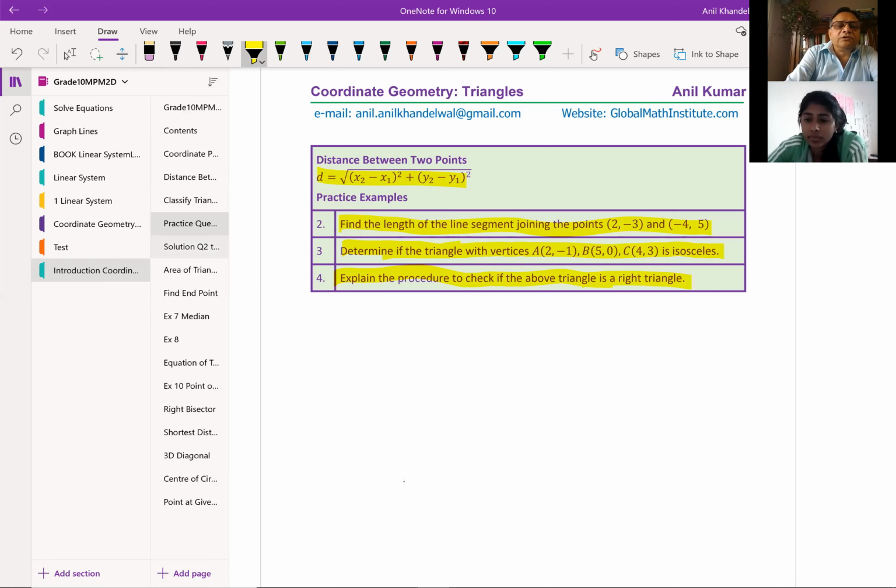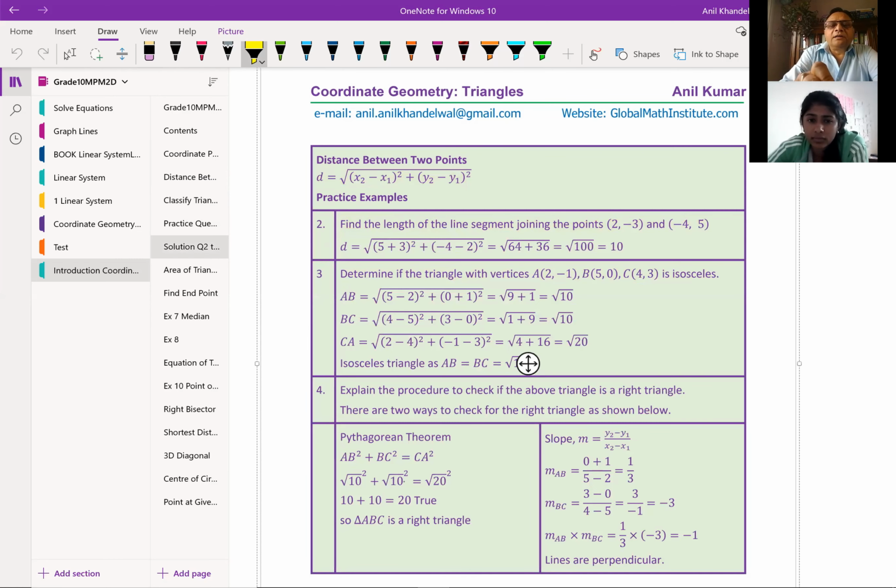Let me share with you the solution. So the first part is very simple. Find the length of the segment. Substitute the values in the given formula. Once you do that, you get distance as 10, right? Now we're talking about the 3 vertices of a triangle. Again, apply the same formula 3 times. So coordinate geometry means a lot of work, right?